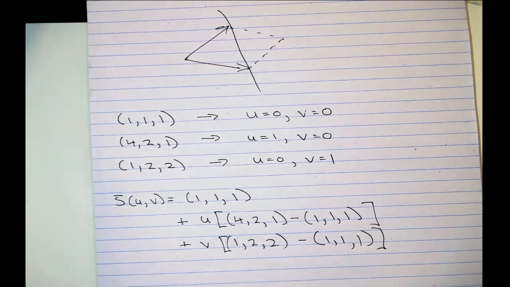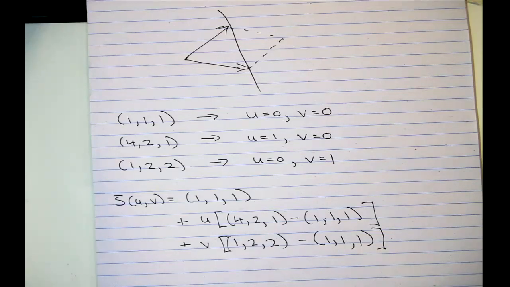Because when u is 0 and v is 0, I'm at 1, 1, 1, aren't I? Right, because the two square bits drop out. When u equals 1 and v equals 0, the second square bracket drops out, and I'm at the point 4, 2, 1, exactly where I want to be. And of course, when u equals 0 and v equals 1, I'm at the point 1, 2, 2.